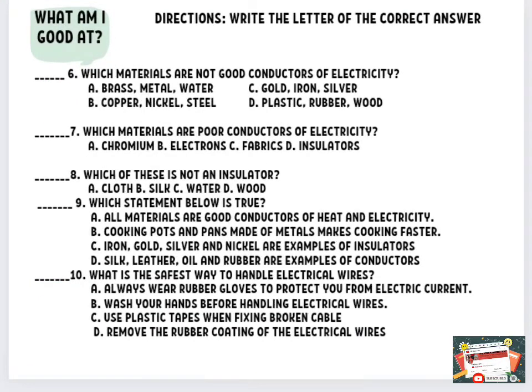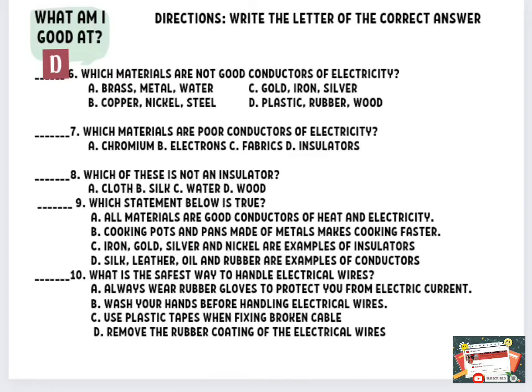6. Which materials are not good conductors of electricity? A. brass, metal, water, B. copper, nickel, steel, C. gold, iron, silver, D. plastic, rubber, wood. The answer is letter D. plastic, rubber, wood. 7. Which materials are poor conductors of electricity?